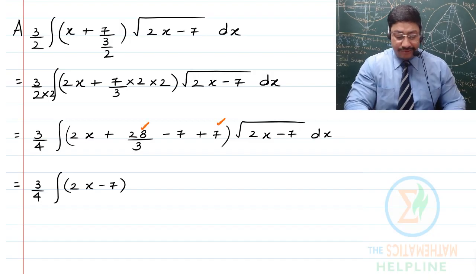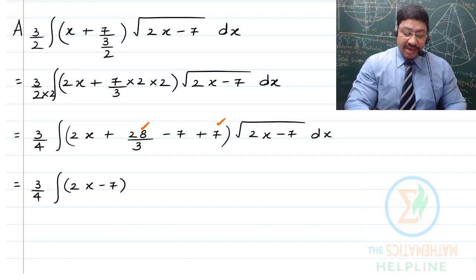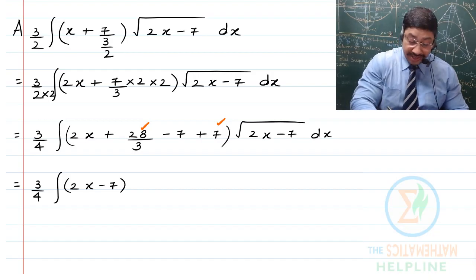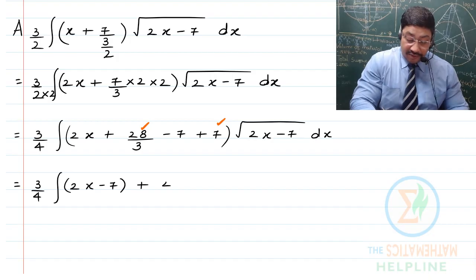And when we add these two terms, it is going to become 7 into 3, which is 21, right? And 21 when added to 28 is going to become equal to 49, right? So we have 49 which is divided by 3, which is the constant which is added to this 2x minus 7, right? So 49 upon 3 is added to this.